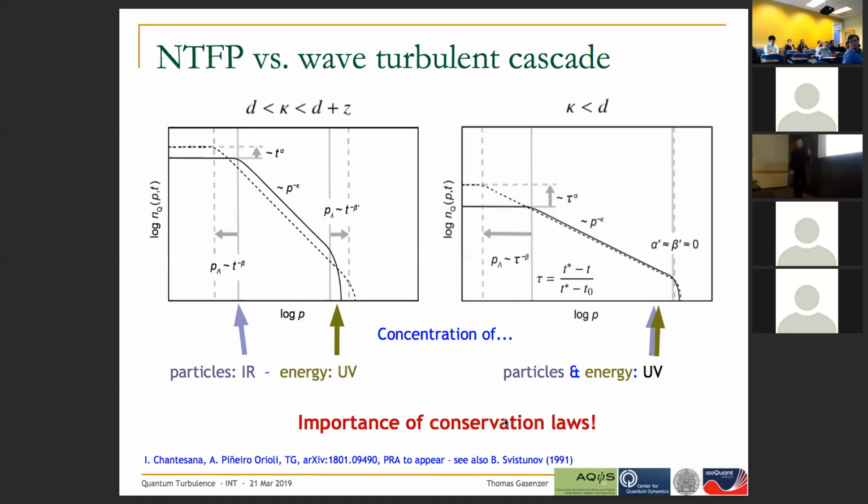You can easily show that when kappa is in between these limits, then the particles are concentrated in the infrared, near this scale capital lambda, whereas the energy is concentrated at the UV end, near the ultraviolet cutoff.